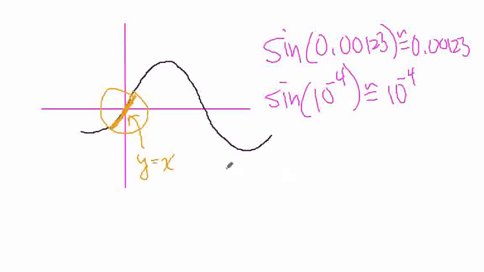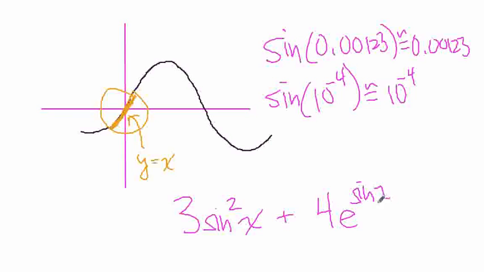Let's say I had some huge theory that I was working with, like 3 sine squared x plus 4 times e to the sine x plus sine x minus 9.